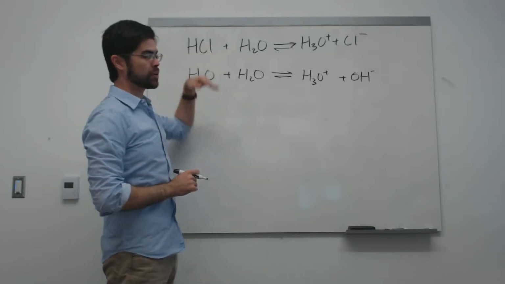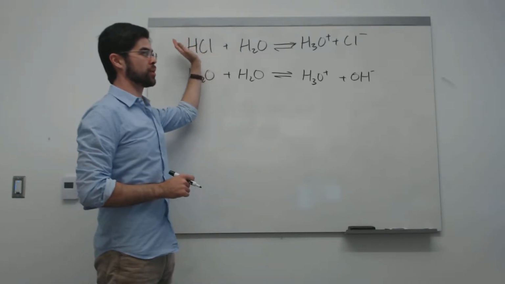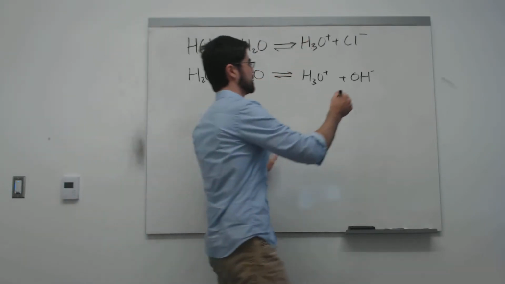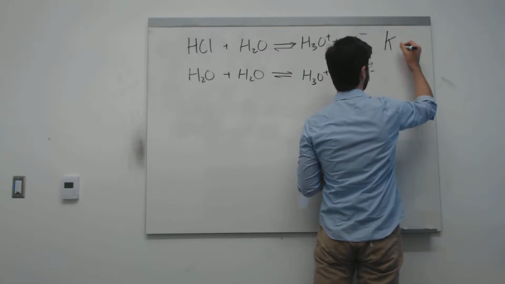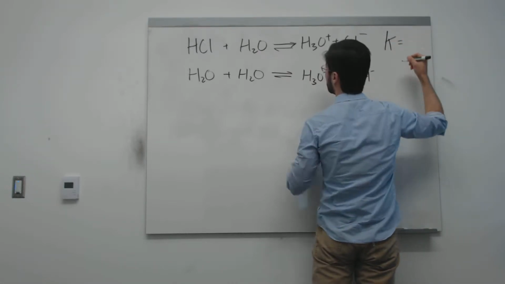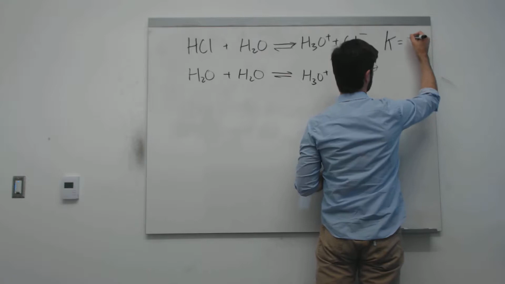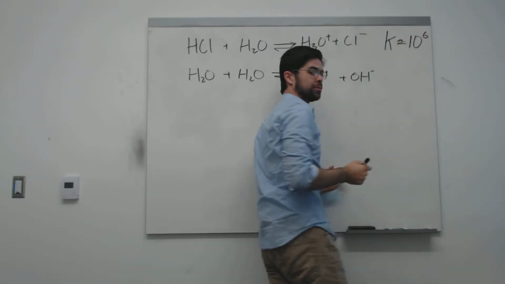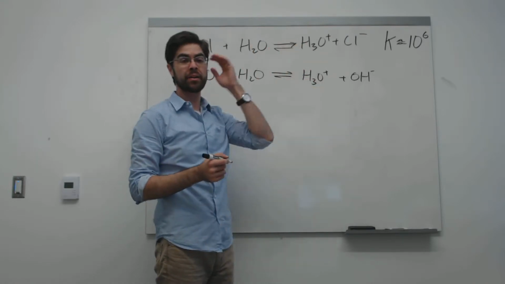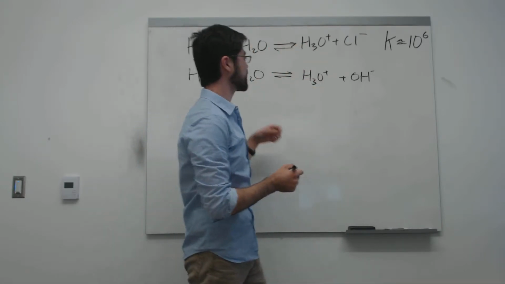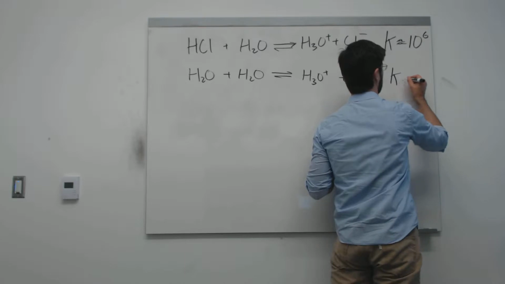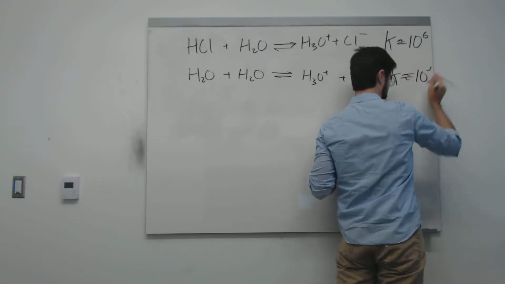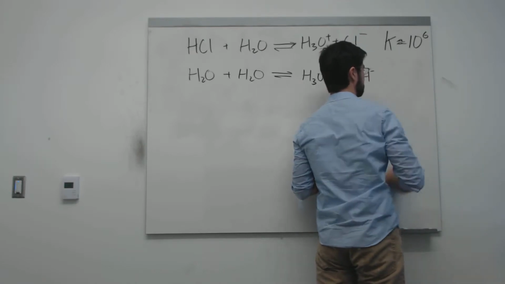This reaction is an equilibrium reaction that is heavily skewed towards the products. The equilibrium constant for HCl donating of protons is around 10 to the 6. I'll say approximately because I don't know the exact value, but it's around a million. This reaction, the equilibrium constant is actually equal to 10 to the negative 14.